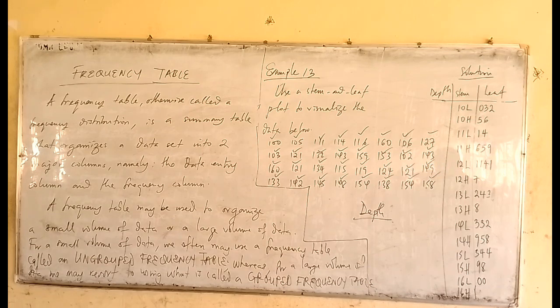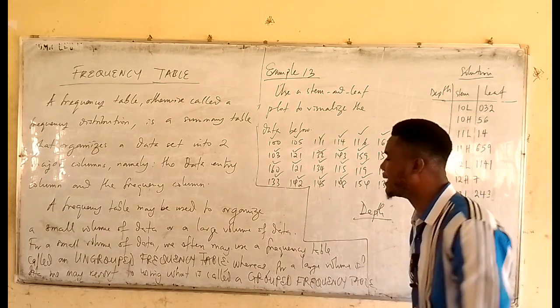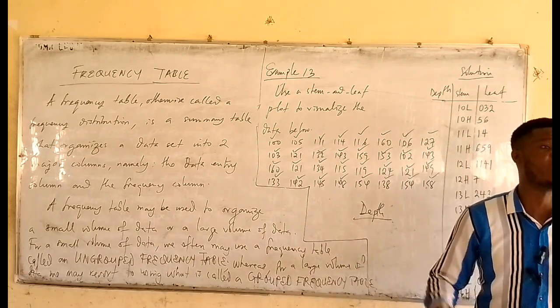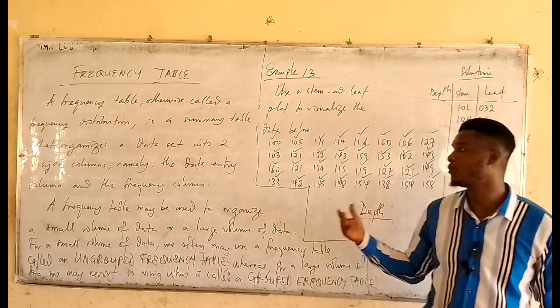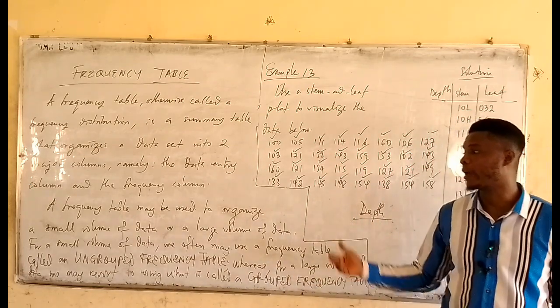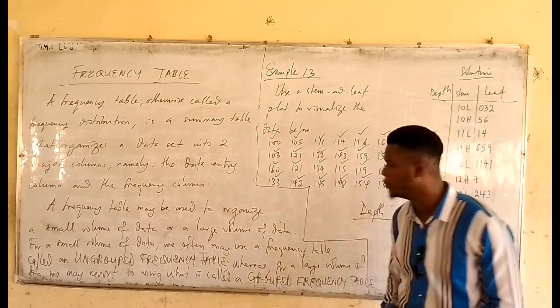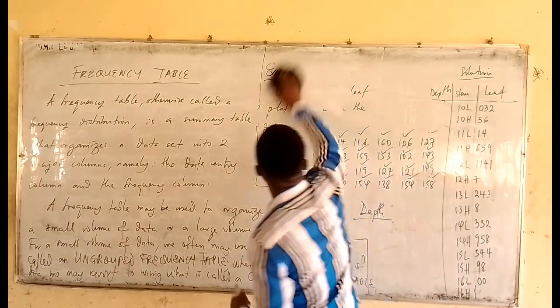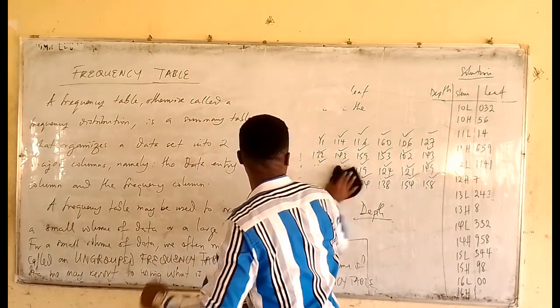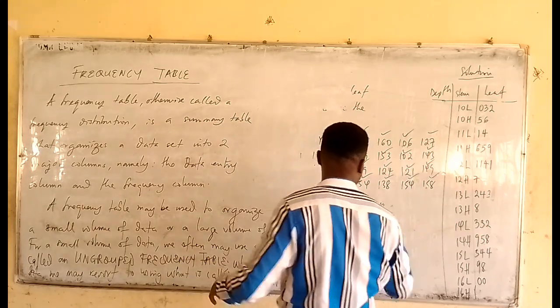But not in all cases, so please take note. But for cases where the volume of data is very large, we will always recommend you use a grouped frequency table. So, based on that, let us start with the ungrouped frequency table.